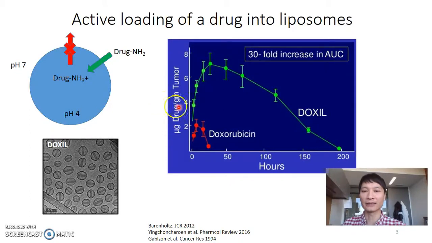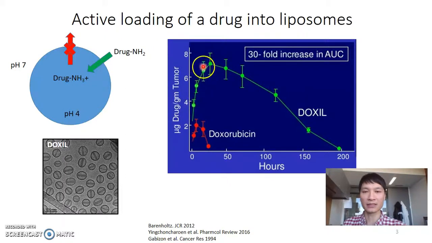So this is looking at the tumor uptake of the drug doxorubicin delivered in the free form or in the Doxil formulation. And you see that without any formulation, the drug delivery to the tumor is quite poor.